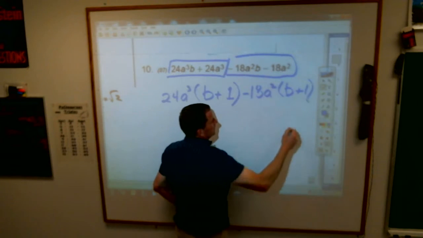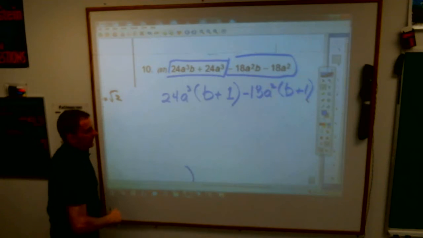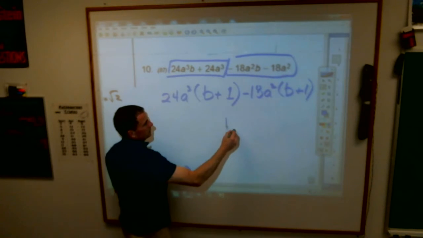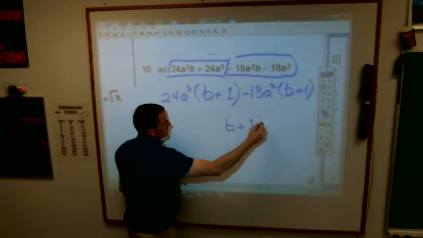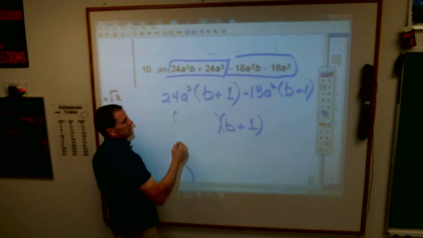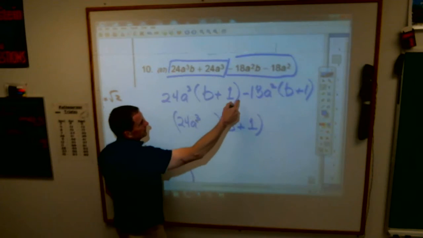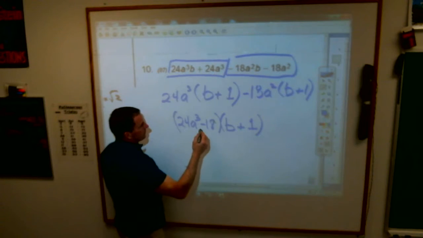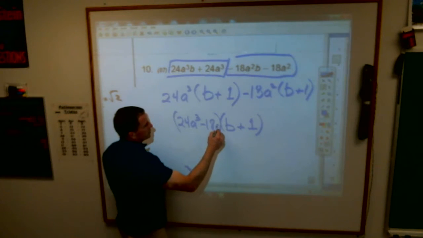Plus 1. Okay? And then, as long as you have the same thing in parentheses, you can take out the b plus 1, and the other parentheses comes from the 24a cubed minus the 18a squared.